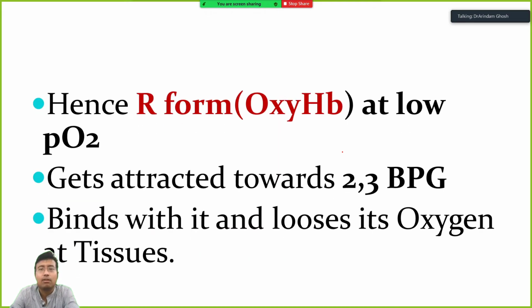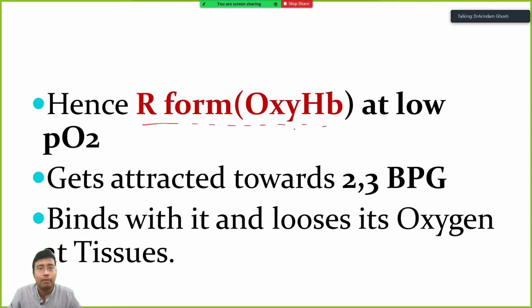So now what happens? Okay, this R form of hemoglobin should change to T form when oxygen is low, right? So what is happening? This R form, that is the fully oxygenated form of hemoglobin that has come from the lungs, reaches the area where oxygen tension is low, PO2 is low, it attracts 2,3-BPG, it binds with 2,3-BPG and it lets go of the oxygen.